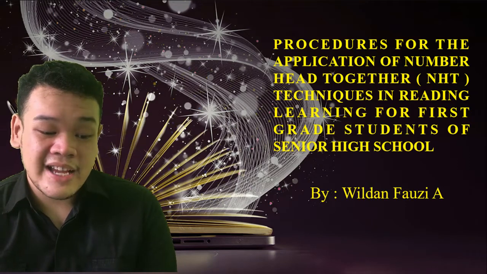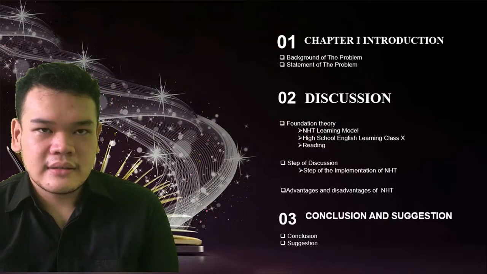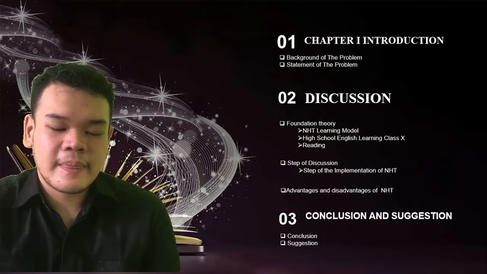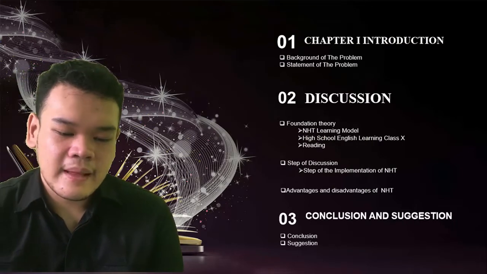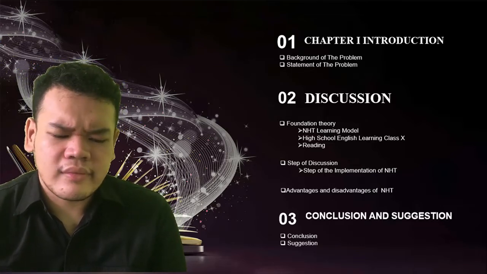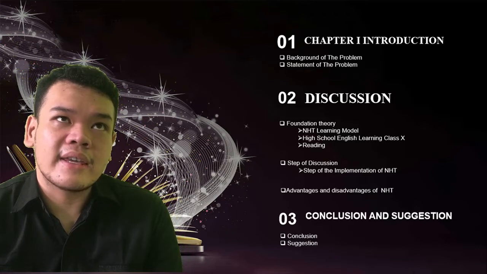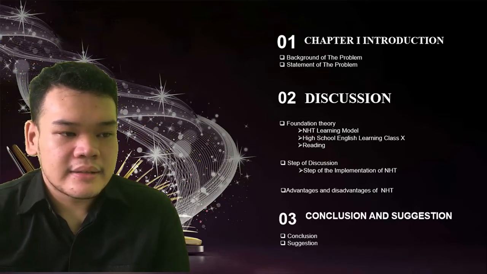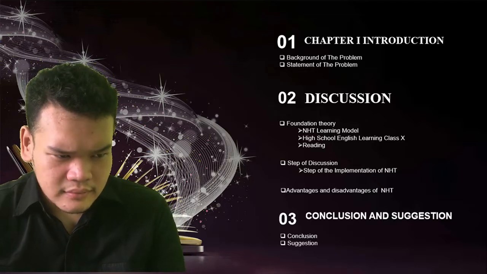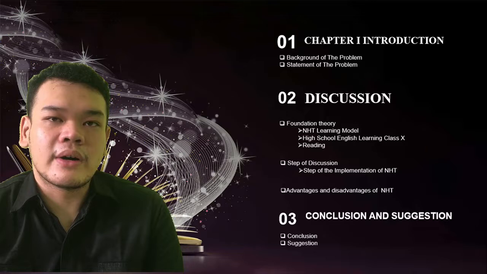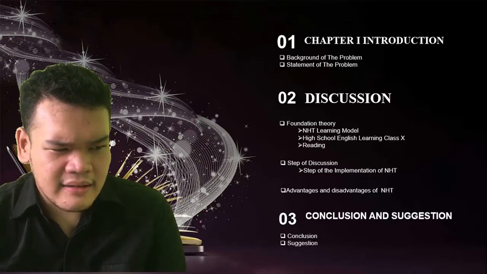In this second slide, there is the background and statement that contains the reason and objective why I chose this topic. Then we head to the second discussion, which is about the NHT learning model.